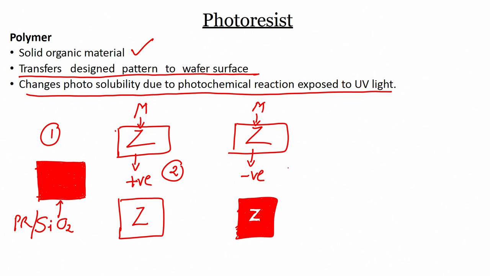If I use a mask with a negative photoresist, then the opposite of that of the mask we will get. That means, in other terms, the area which is not exposed, you see the area under Z is not exposed, that unexposed area gets stronger. In this case, negative photoresist, the area under Z which is not exposed gets weaker.